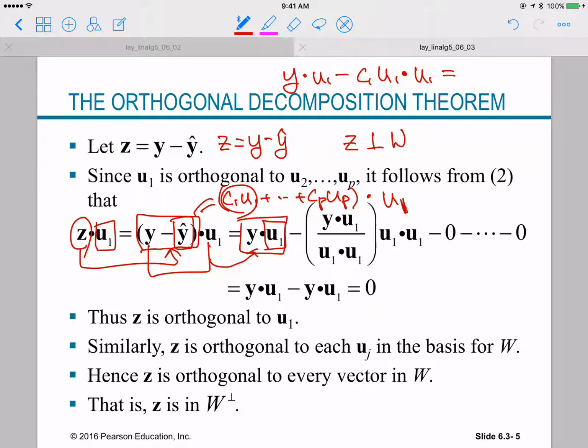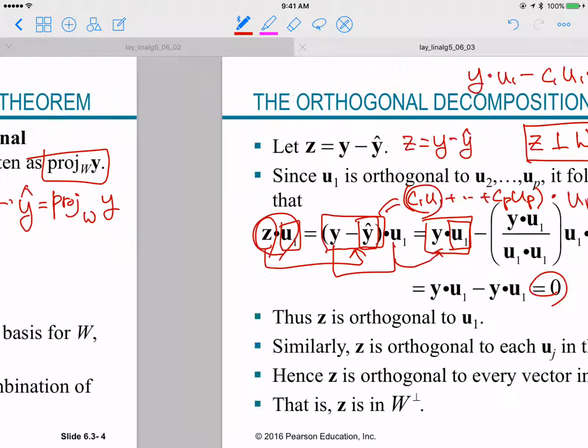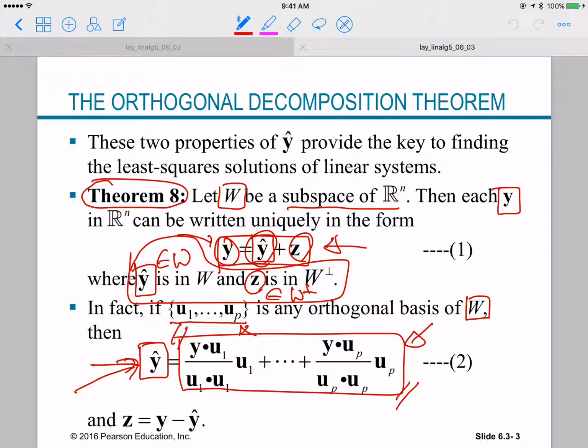This should be 0 because of this orthogonality, and so c1 should be the inner product of y with u1 divided by u1 with u1. That way we can compute c1 through cp, and we can see that y hat is represented as the linear combination of u1 through up, where the coefficients are represented like this.